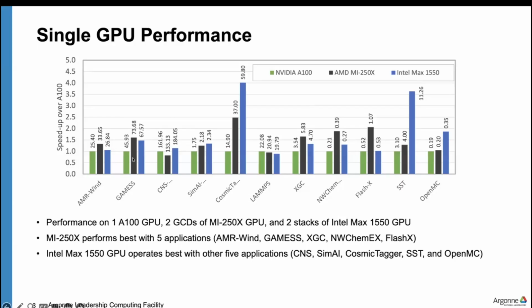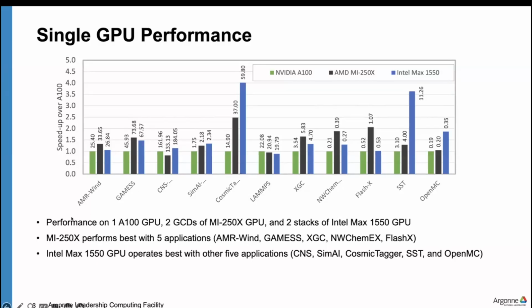Based on the application, they have a different figure of merit definition, and based on that definition they measure the performance. In this case, we use a single A100 GPU, 2 GCDs of MI250X because 2 GCDs are in the same card, and 2 stacks of Intel Max GPUs.